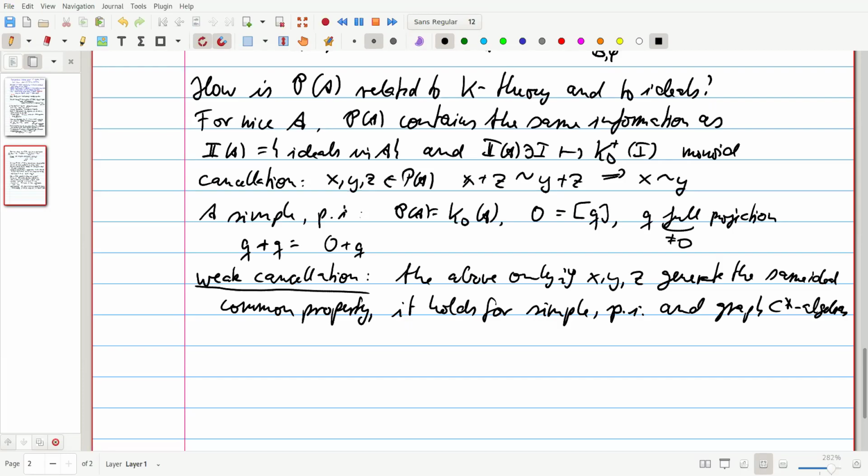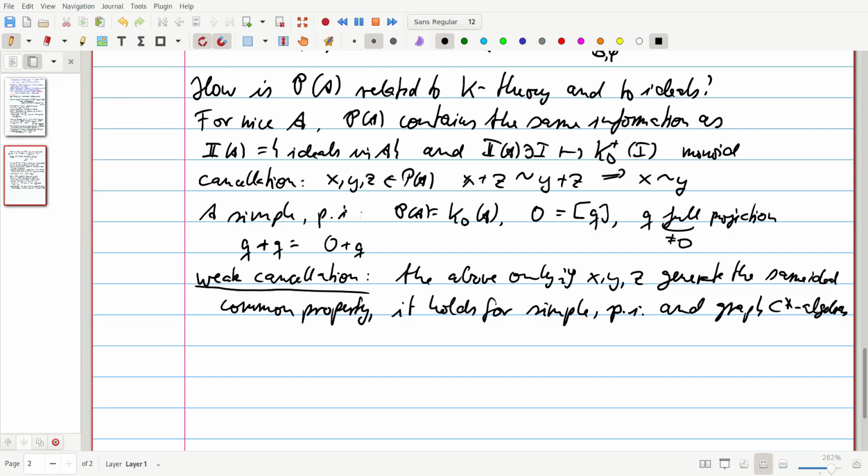Then you don't have cancellation even in this weaker sense, because these are both vector bundles which are full. So it doesn't work for commutative C-stars, unfortunately, but it does work for these kind of graph C-star algebra-like things. So the ones we want to classify do have this property.